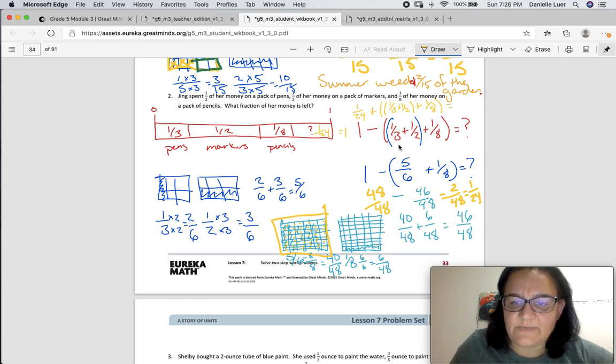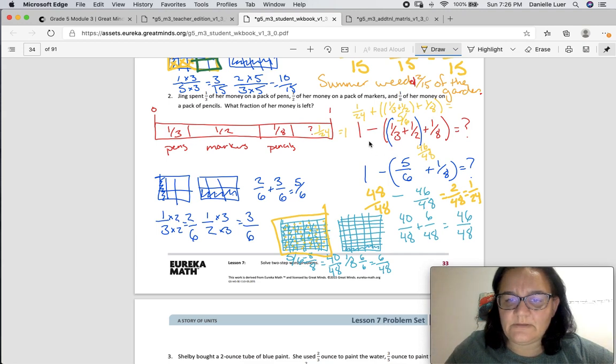So let's double check. We know that 1/3 plus 1/2 is 5/6. Okay, and we know that 5/6 plus 1/8 equals 46 48ths. Okay, so 46 48ths. 1/24, if we multiply that by 2, we would get 2 48ths, which equals 48 over 48, which equals 1.